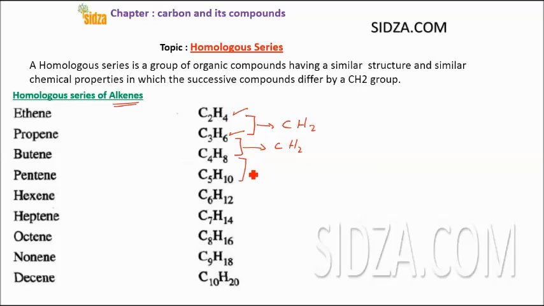C4, C5, again a difference of one carbon and two hydrogen atoms. So the successive members differ by a CH2 group, and again they differ in molecular mass by 14 AMU, right? Because 14 AMU is the mass of one carbon and two hydrogen atoms, right?